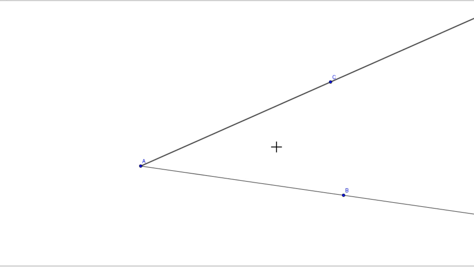Now, the rays AB and AC are the sides of the angle, while this endpoint A is its vertex.